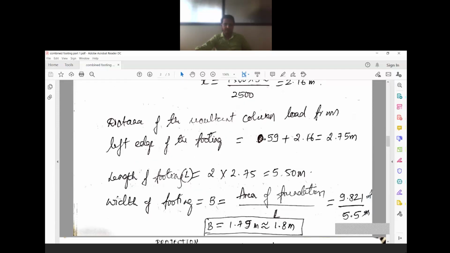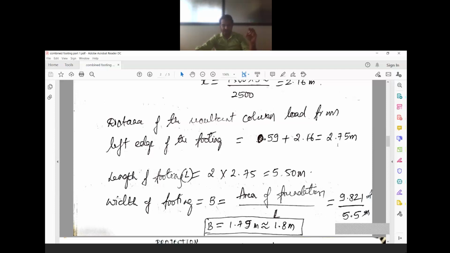See here. The distance of the resultant column load from the left edge of the footing is 0.59 plus 2.16, which is equal to 2.75 meter. So from the left edge of the foundation, the resultant is acting at 2.75 meter.